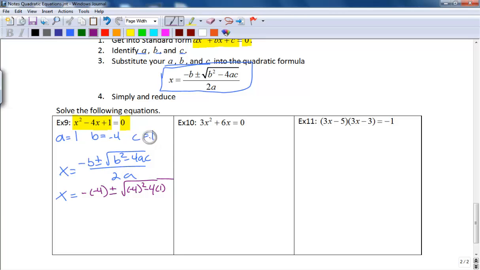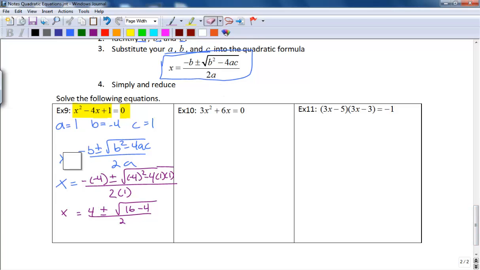Instead of c, I'm going to write what c is, happens to be 1. All over 2 times a, and a is equal to 1. So now it's just all about simplifying and reducing here. So let's work through this. The negative of negative 4 is going to be a positive 4, plus or minus the square root. Well, negative 4 squared is 16, and 16 minus 4 times 1, or 16 minus 4, all over 2.